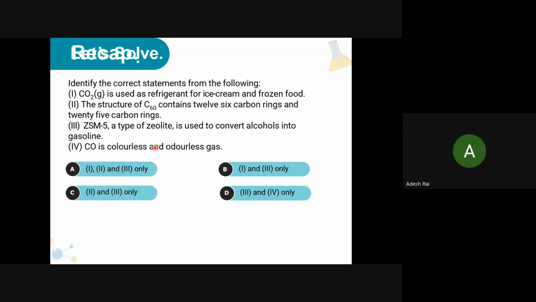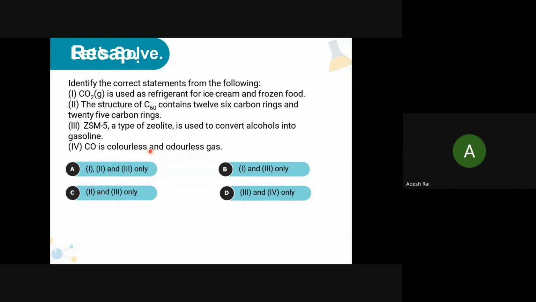Fourth, CO is colorless and odorless gas. Correct or incorrect? No, CO is colorless as well as odorless. When we studied CO, carbon monoxide is colorless and odorless, no?